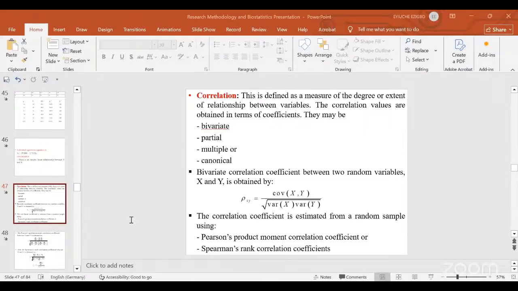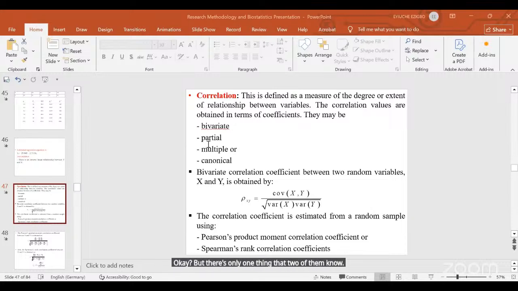Both of them are good, and in most cases, when you employ the two methods on the same data set, you will not get exactly the same value. But there is only one thing that the two of them do.